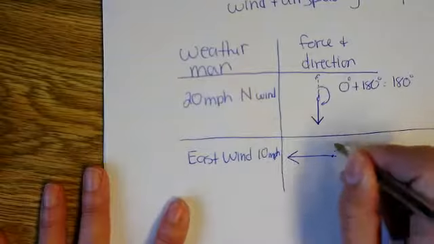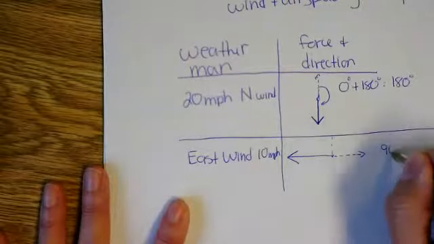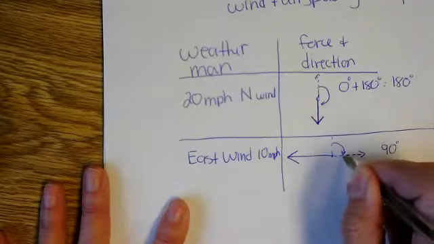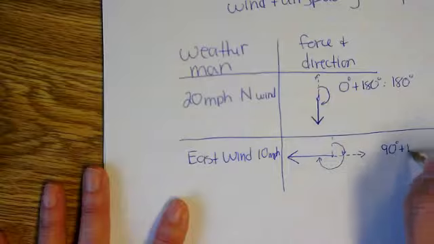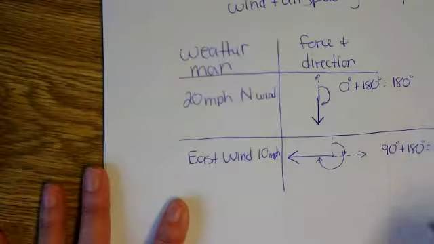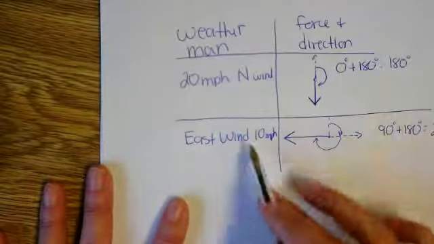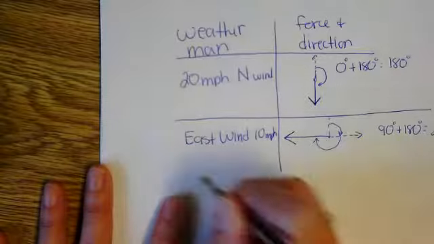If we think bearings, east is 90 degrees, but the direction it's actually going, due west, is 270. So we would again add 180 to that and get a direction of 270. So now that the compass directions are there, we essentially just have to change the wind by 180 degrees.